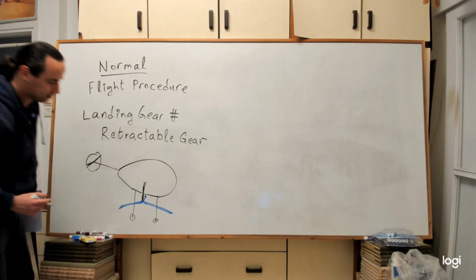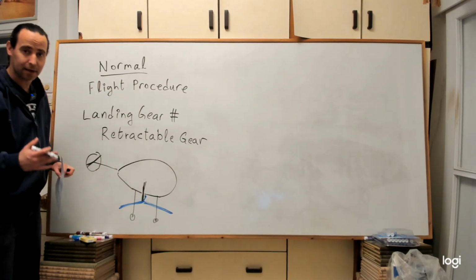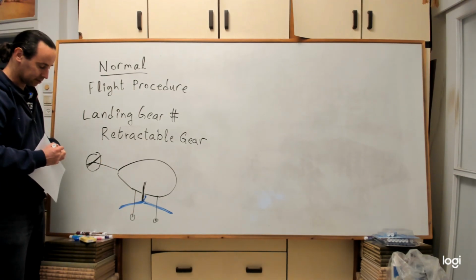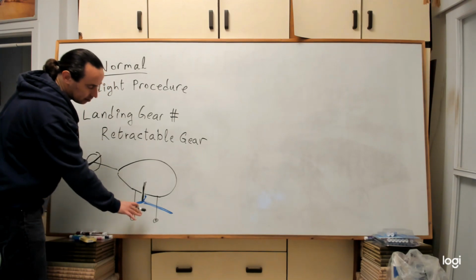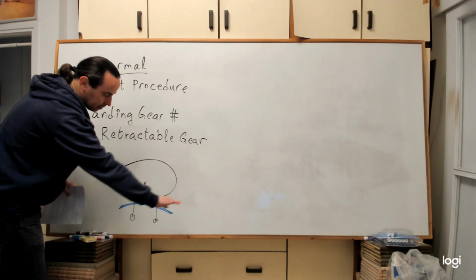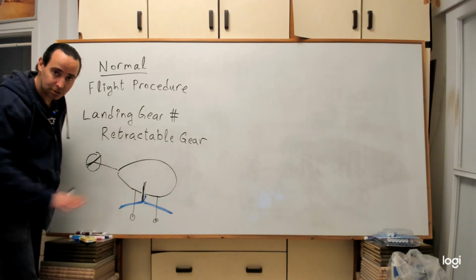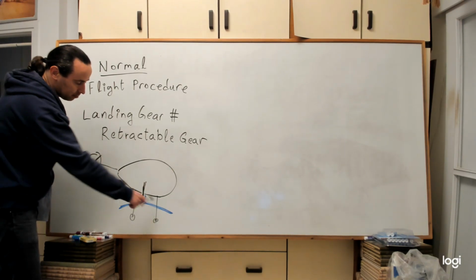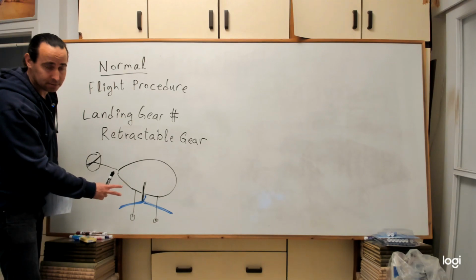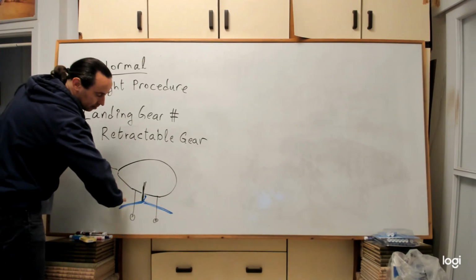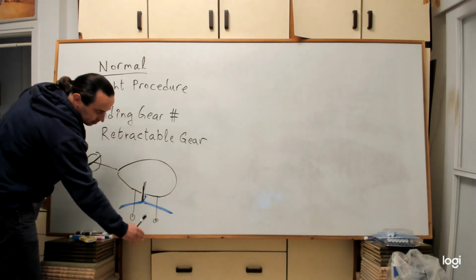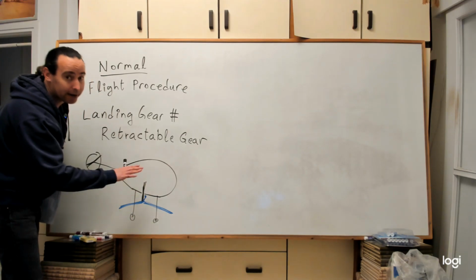I'm drawing this not in proportion because the wheels don't need to be that long. I'm trying to draw something three-dimensional so you can see it in 2 dimensions. This is a lot more flat, and the wheels don't need to be so high.